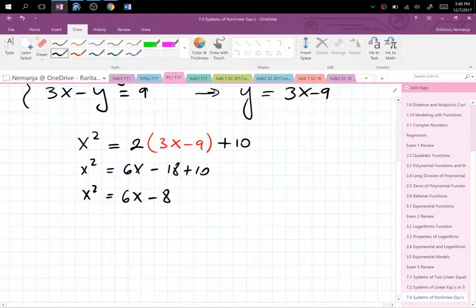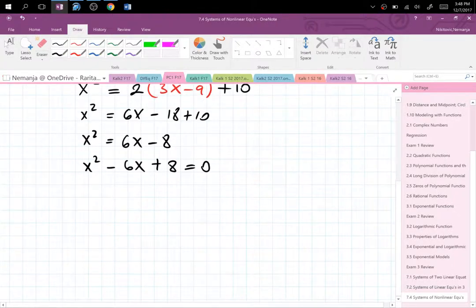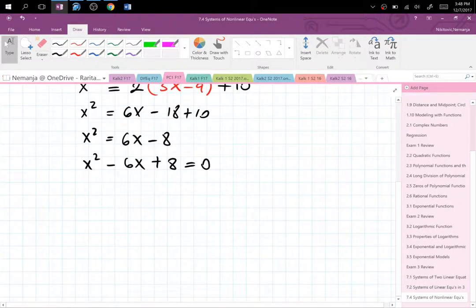Move everything to the left, which is x squared minus 6x plus 8 equals 0. This is the standard way to solve a quadratic from algebra. And now, whatever works: factoring, quadratic formula, black magic, I don't know. Whatever you know for this.